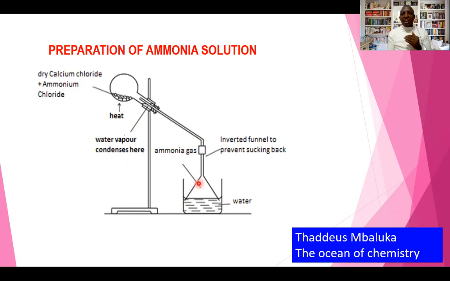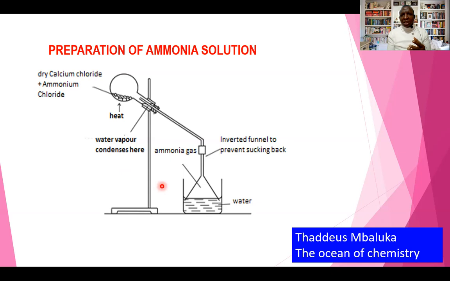The role of the inverted funnel is to provide a large surface area for the dissolution of the gas, because it is highly soluble in water, and that prevents the sucking back of the water into the hot flask, which may cause it to crack.